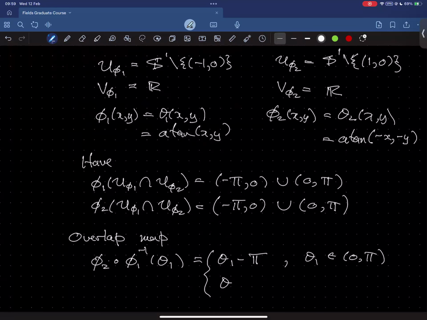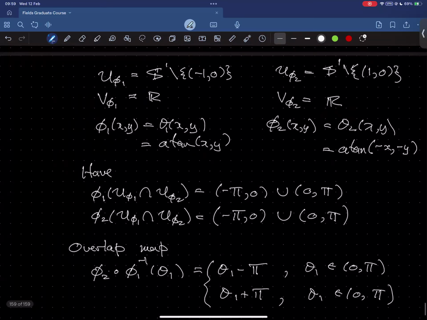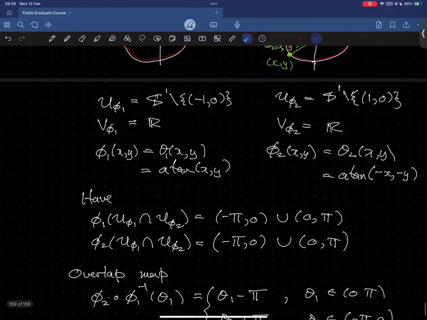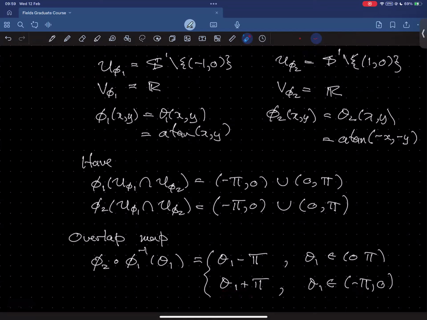I'll write it down and let's see if it makes sense. So when theta 1 is equal to minus pi, that corresponds again to this point here, which is theta 2 equals 0. So minus pi gets 0. Okay, so yeah, it works. Forgive me for doing my self-verifications in front of you, but that's what it is.